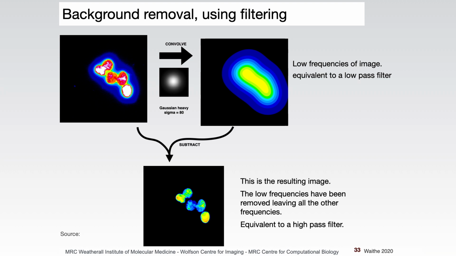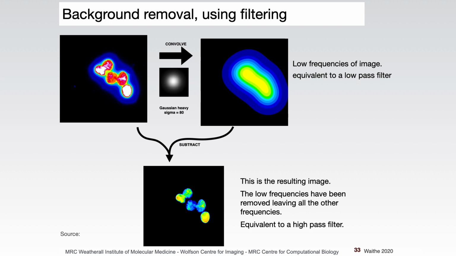And then if we took our low pass filter and subtracted it from our input image, then we are left with our high frequencies, which in this case is just higher than whatever our low frequencies were. And so this is equivalent to a high pass filter. So we basically managed to split our image in terms of frequency using this Gaussian smoothing approach.